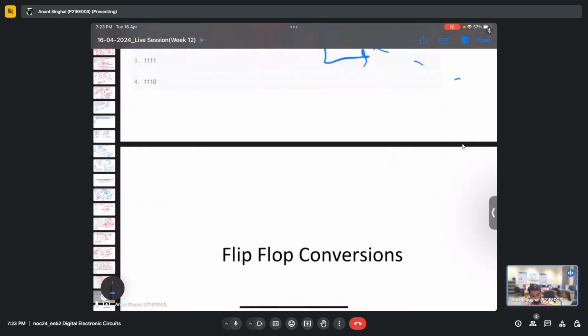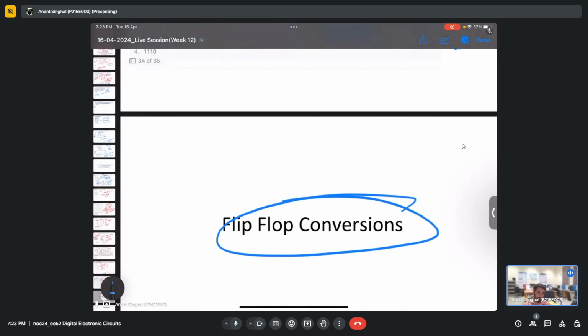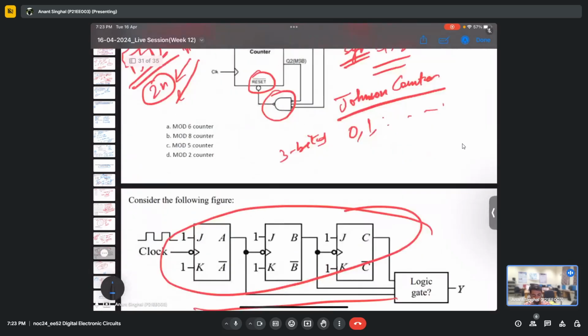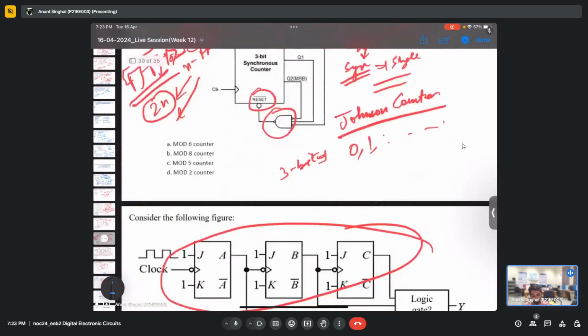Then in the sequential part, there is one more topic which is flip-flop conversion that I spent a lot of time on. So you should be aware of how we can do the flip-flop conversion that can help you in certain questions to do a quick analysis of some of the questions. So this was more important topics from the sequential aspect. So is there any doubt in the sequential part?